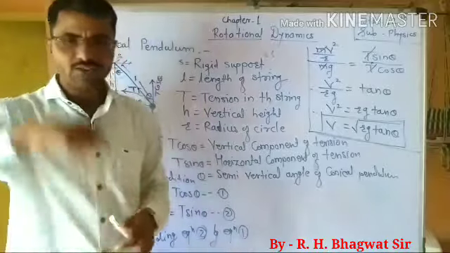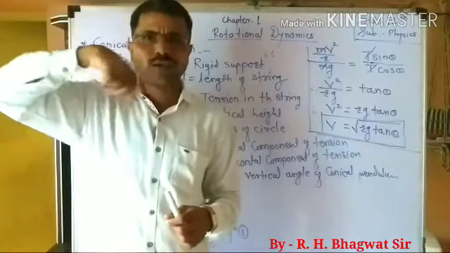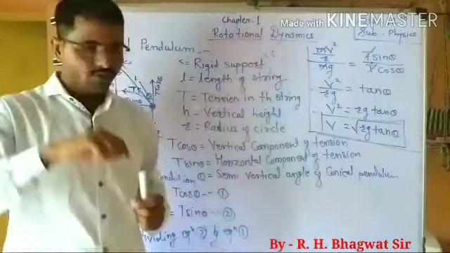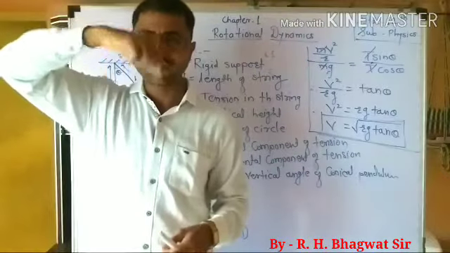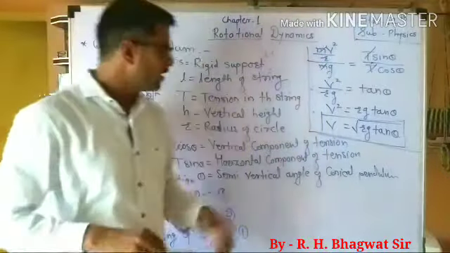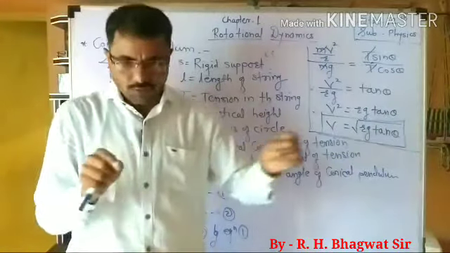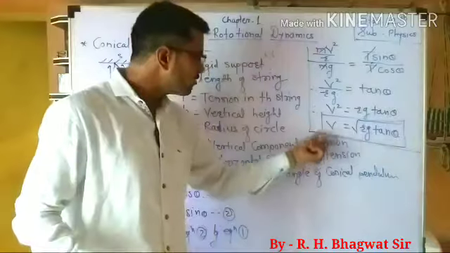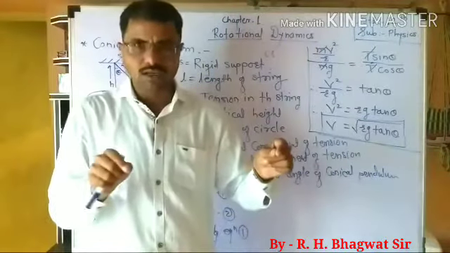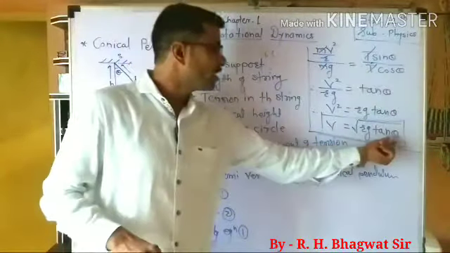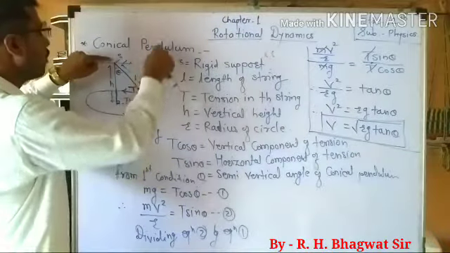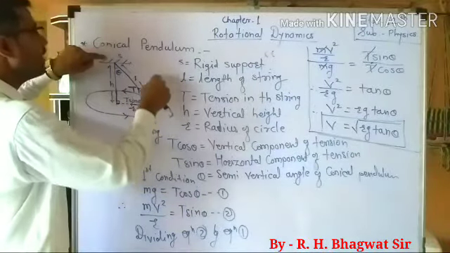Now we know that if we consider a conical pendulum and we revolve it, then as we increase the velocity of the bob, the radius of the circle goes on increasing, and the semi-vertical angle also goes on increasing. The bob goes up and up.